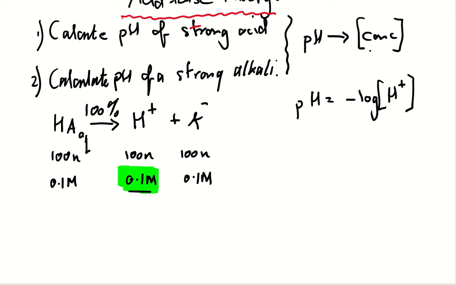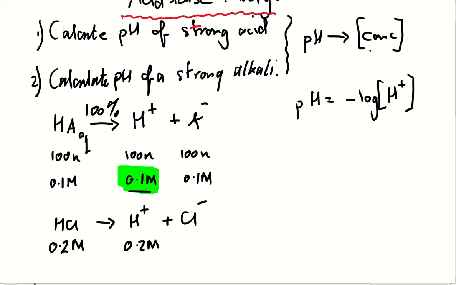So for an acid, for example, if I just took a simple monoprotic acid, which is an acid which gives up one proton per mole of the acid, let's say the concentration of the hydrochloric acid is 0.2 molarity, so the concentration of the hydrogen ions is 0.2 molarity.